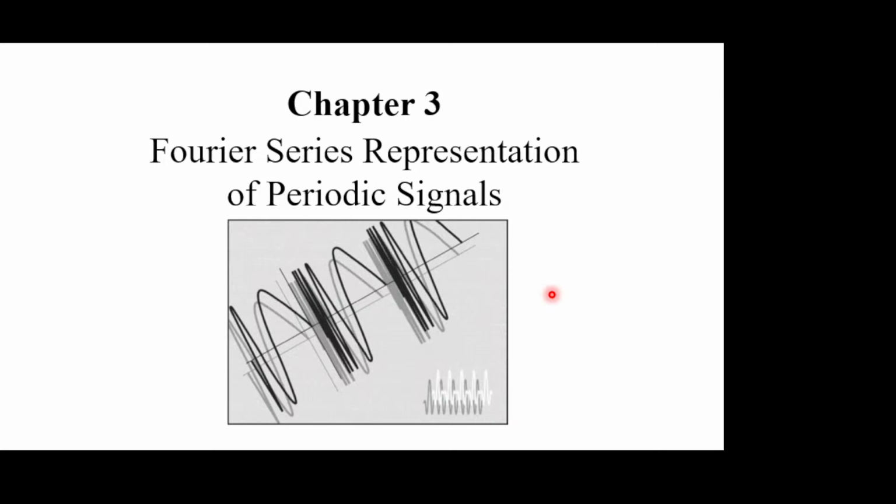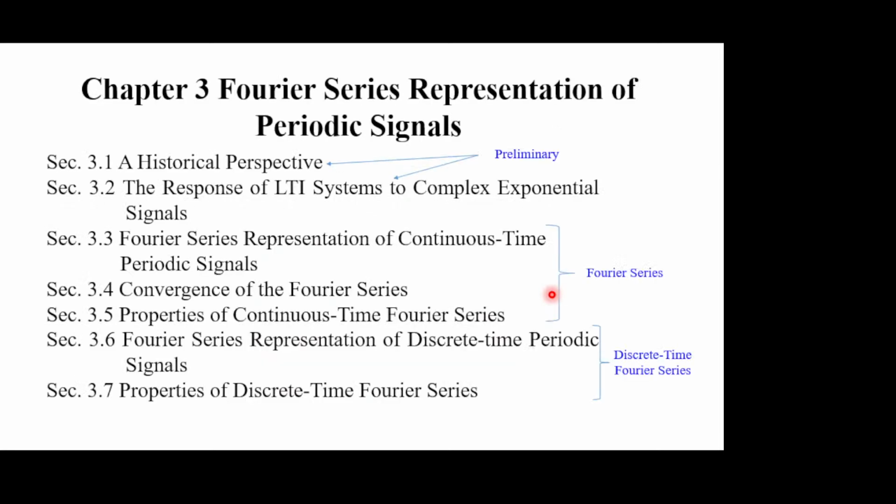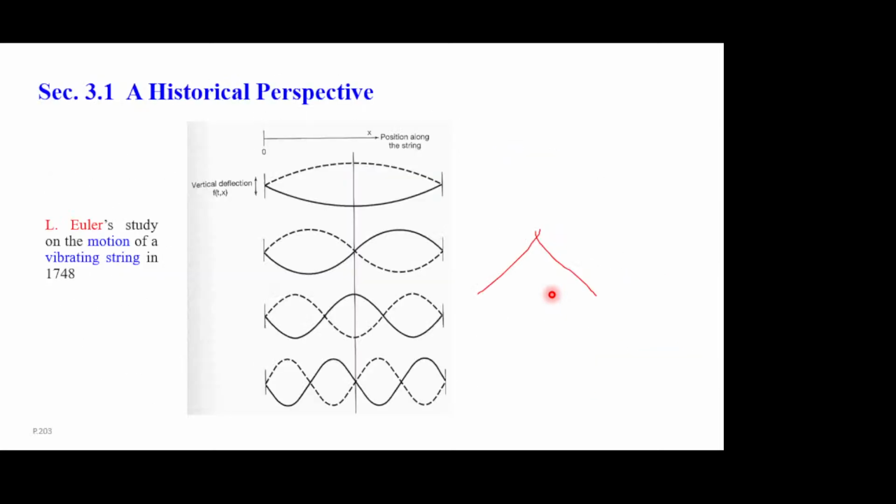It's the Fourier series representation of periodic signals. That's a lot of things, so let's start with a quick historical preview. The idea of this chapter is we want to represent a periodic signal with a linear combination of harmonic series.